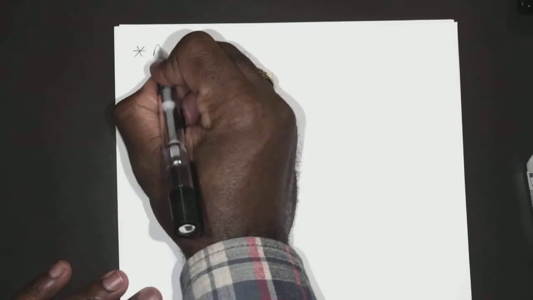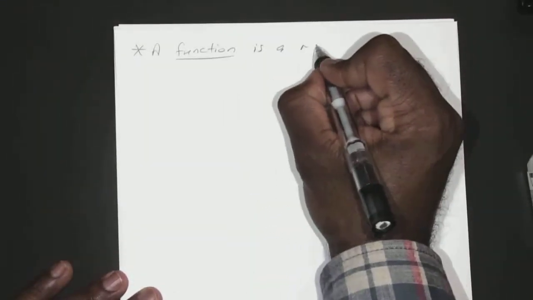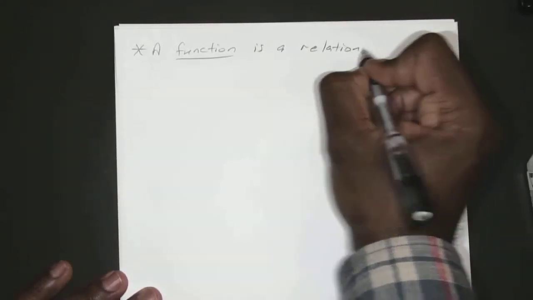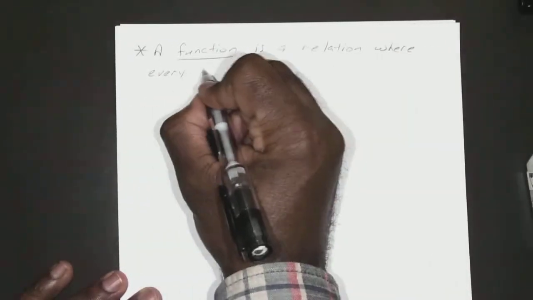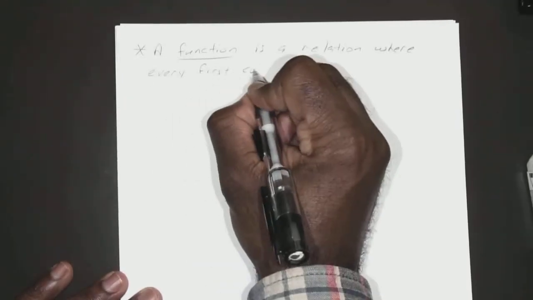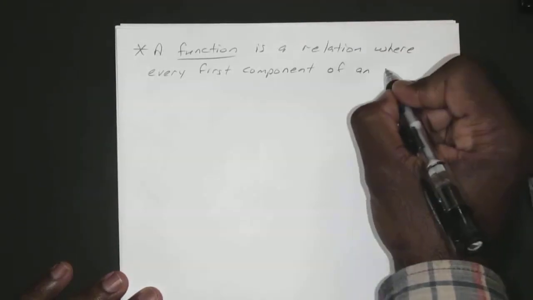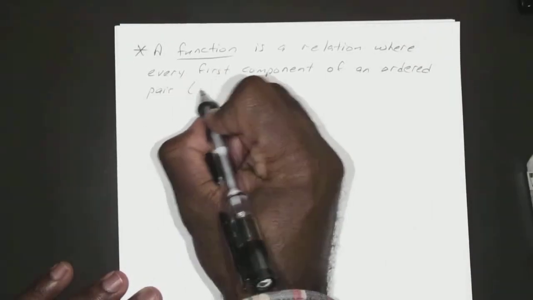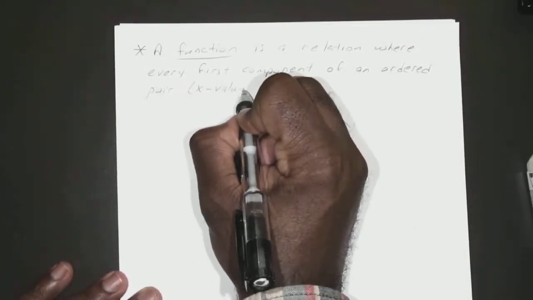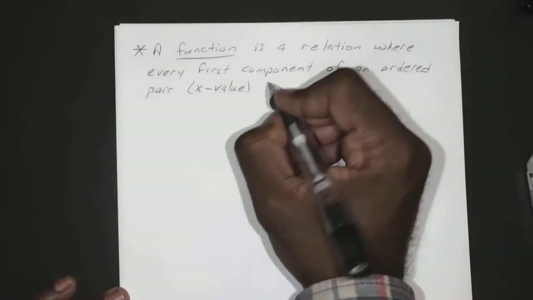But the actual word-for-word definition of a function: it's a relation where every first component of an ordered pair, which is just a fancy way to say your x value, corresponds to exactly one second component.